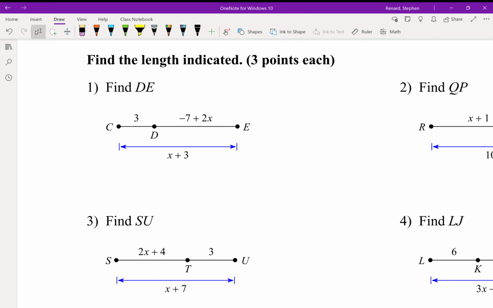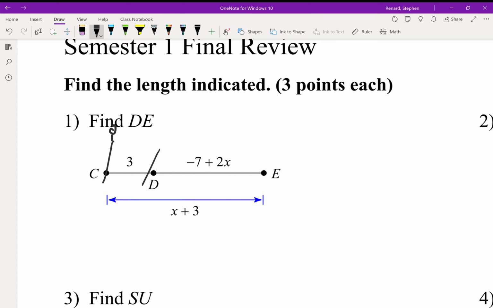Okay, so segment addition postulate. So if I had a guy, and he walked from here to here, and then over here he had to drink water, and then he continued walking over here.